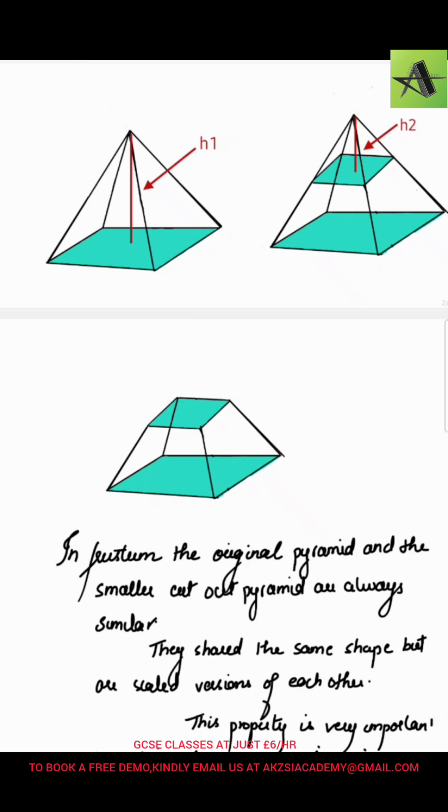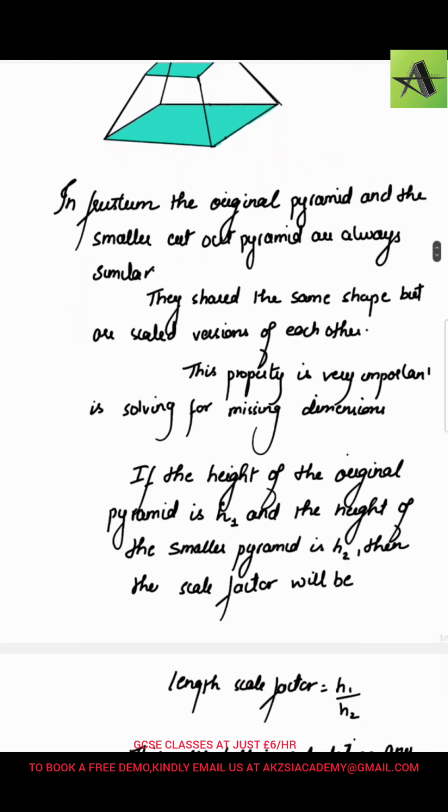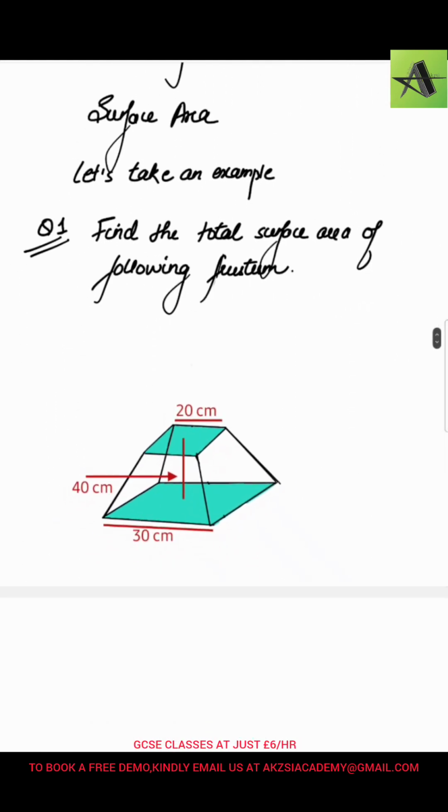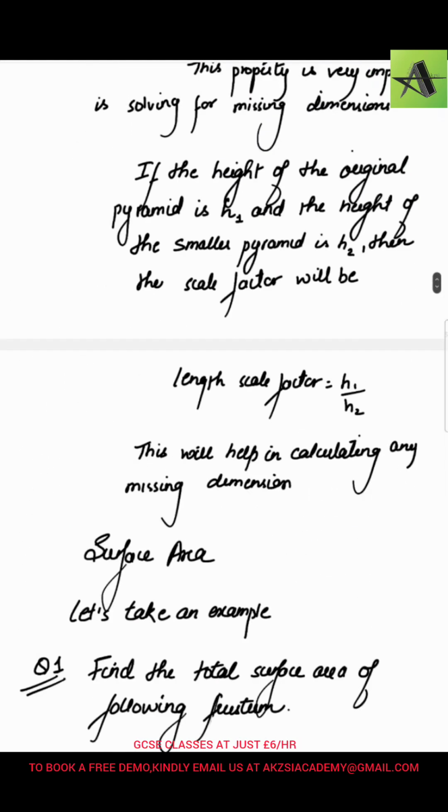So the first thing that you have to keep in mind, that we did when we were doing frustum of cones as well, is that the smaller cone that you take out, and in this case the smaller pyramid that you cut off, is always similar to the bigger pyramid from which you have made the frustum. So if I divide the corresponding sides, I'll get my scale factor.